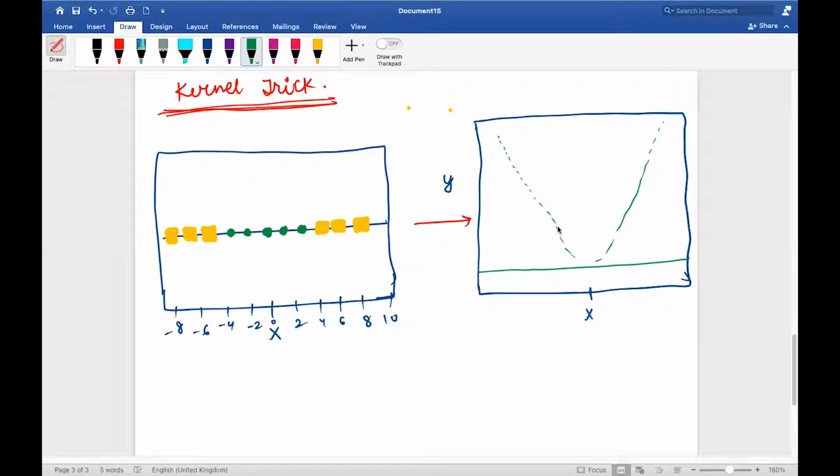So let's say 1, 2, 3, 4, 5 and the rest in yellow color. So let's say 1, 2, 3, for example, right?